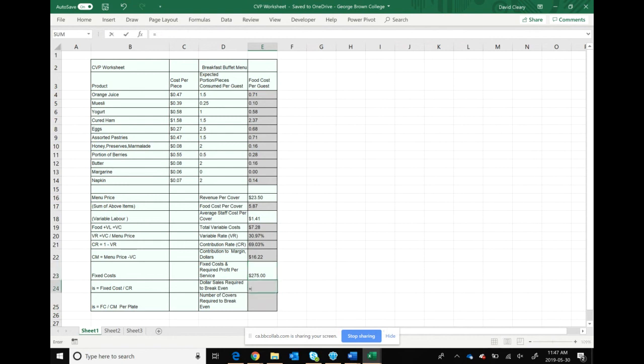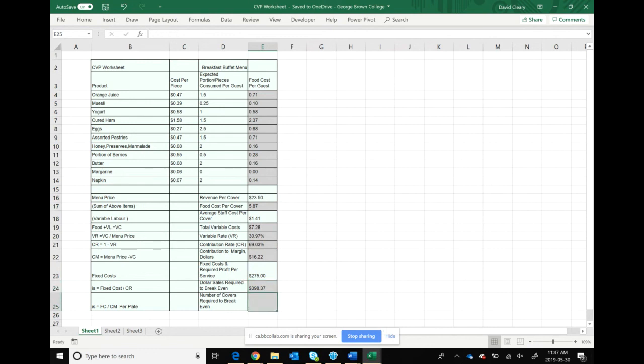So what we do is take our fixed costs and divide it by our contribution rate. This means that in order to break even and make whatever kind of profit that was, we have to sell $398.37 to do that. At that point, we've hit our mark and we've covered our fixed costs.